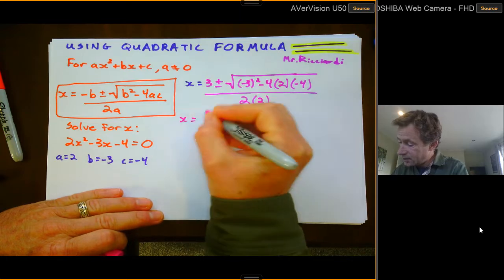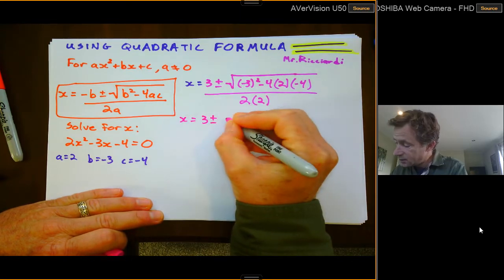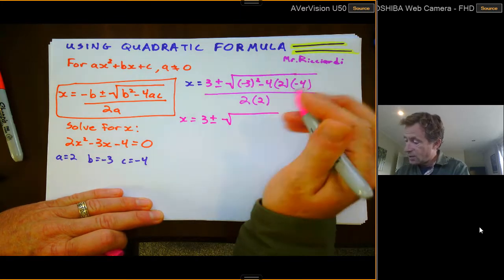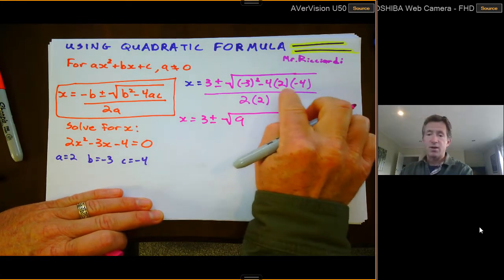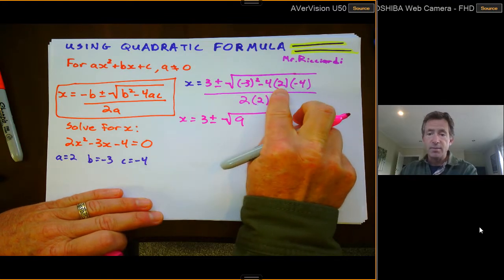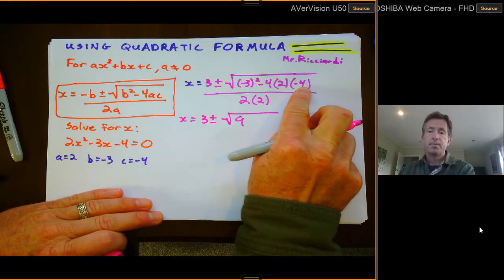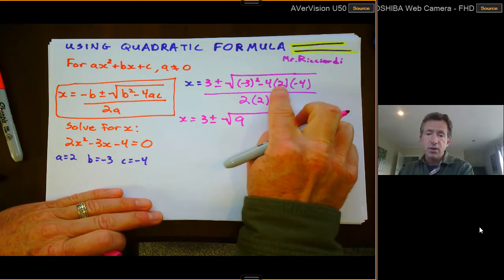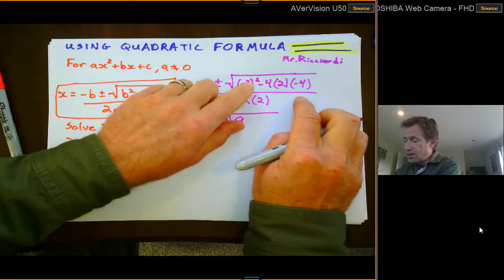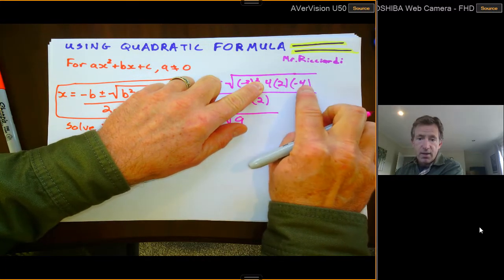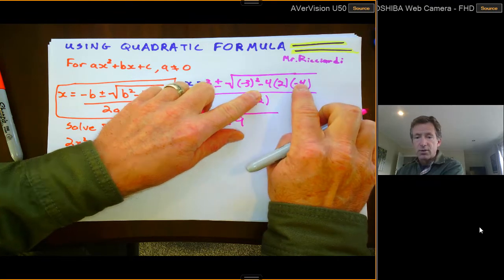x equals, I'm not going to do anything with that 3 yet, plus or minus the square root of, well, negative 3 squared is 9. Now right here, just be really careful. I would just multiply all these together: minus 4 times 2 times negative 4. Okay, because people get messed up. They go, oh, minus, and they multiply all this first. You can do that. I mean, if you multiplied all of this, you would get a negative number, and then you'd have to subtract that negative number, so you'd get minus a negative.